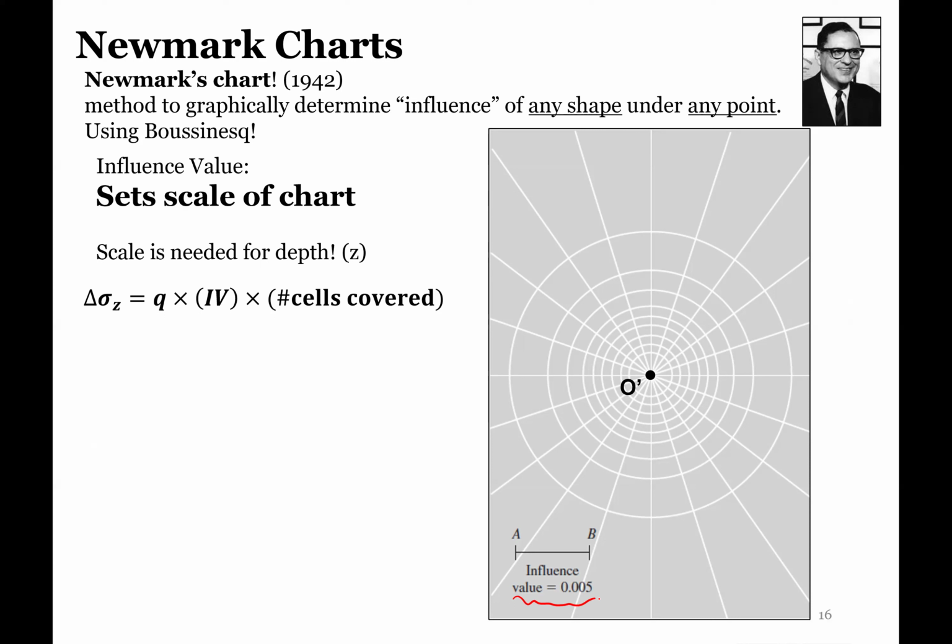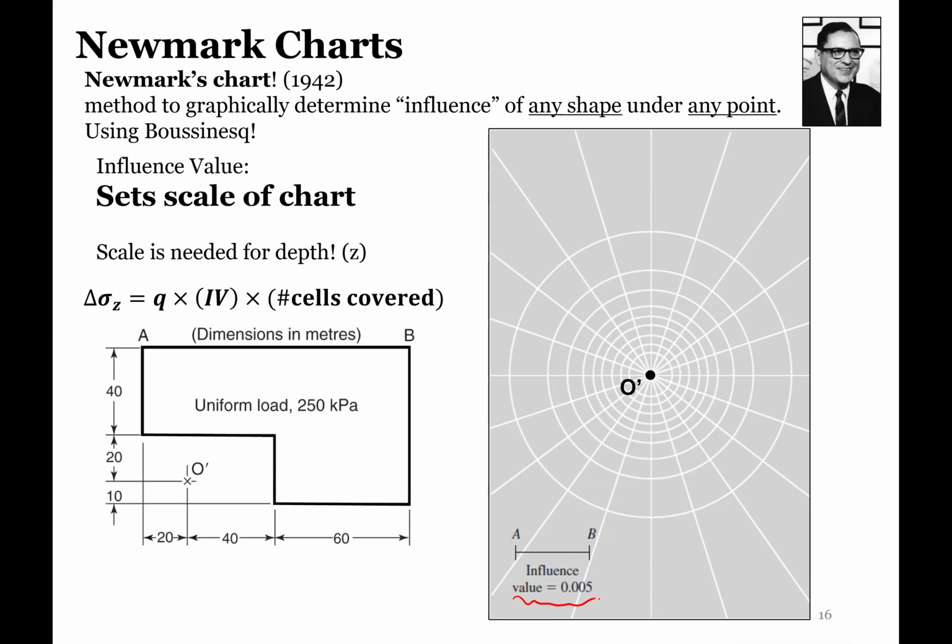Then we superimpose the surface area of our footing or building footprint, whatever we have at the ground surface, scaled, over the Newmark chart. So if we have something like this, and we know these dimensions are 40 feet here, 40, 60 feet, everything is drawn to dimension.